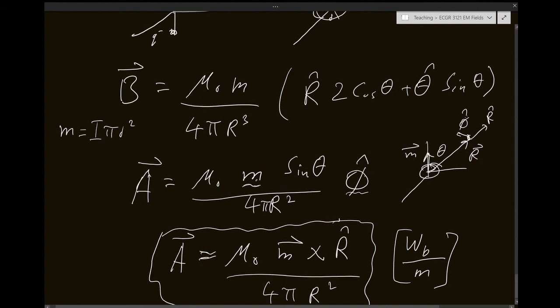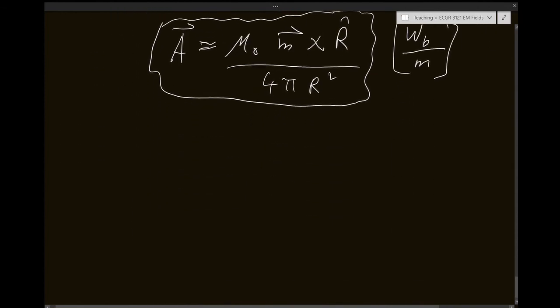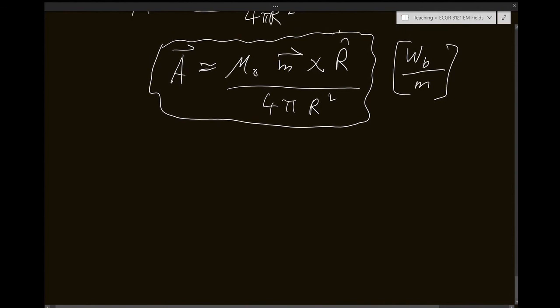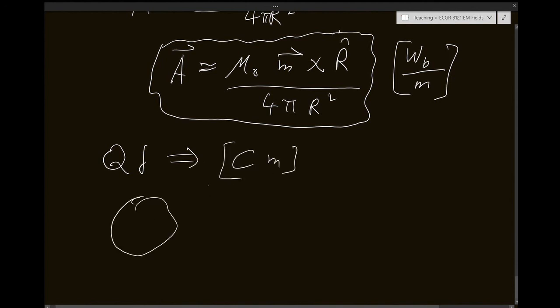One interesting thing about the dipole, though, that I want to mention as a closing point. We know that the dipole moment for electrostatics was QD. It had units of Coulomb meter, right? And then when we take a distribution of dipoles in space, so there's a dipole density in space, we take Coulomb meter divided by meter cubed to find the density of the dipole moments.